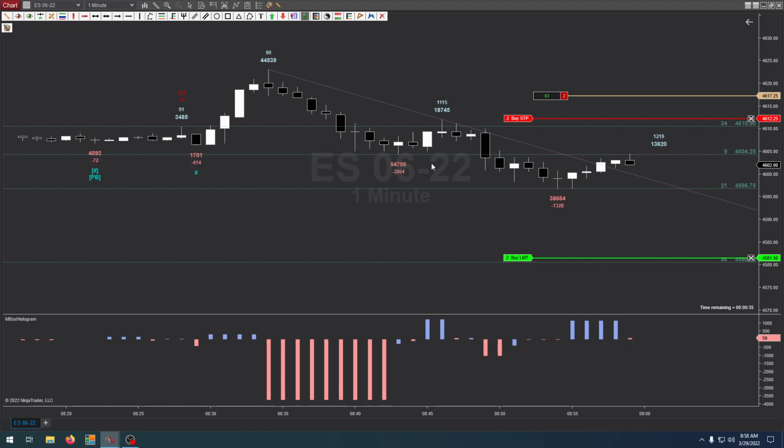Okay, we went up to this level right here, which is this swing low, fractal low. Can that hold as resistance? And then enable us to get after this low right here. We do have demand coming in, but it's not a lot.